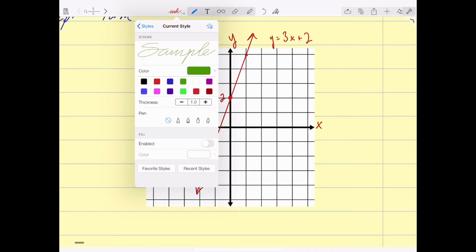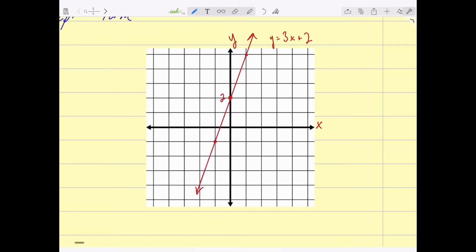Now, just to visualize the slope again, this would be the slope triangle that I'm using, meaning you can measure the slope from a graph if you draw a triangle and say how far did it go up and over from wherever you started. But that is the way that you would graph the line y equals 3x plus 2.